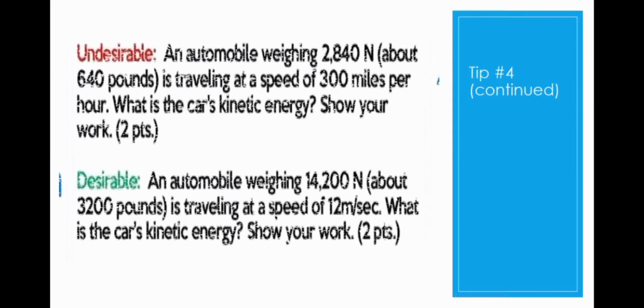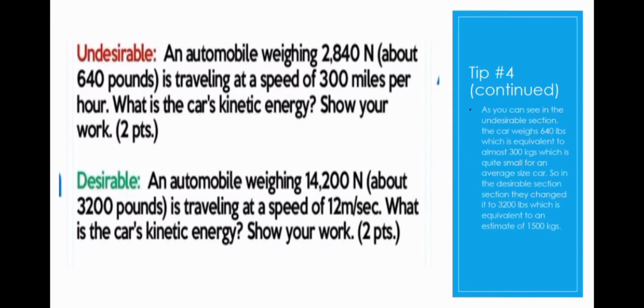So in this example, an automobile weighing 2,840 newtons, about 640 pounds, is traveling at the speed of 300 miles per hour. What is the car's kinetic energy? Show your work. So, as you can see in this undesirable section, the car weighs 640 pounds, which is equivalent to almost 300 kilograms, which is quite small for an average car.